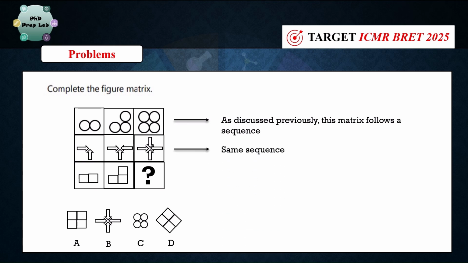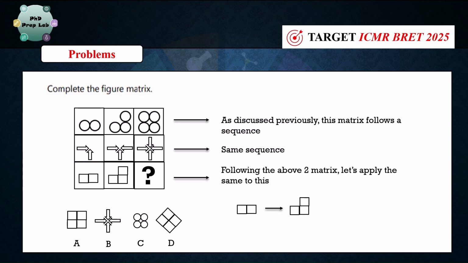Similarly, the second row follows the same sequence, and the third row, the question mark row, which has squares, also increases by 1. So the option will have 4 squares, but the rotation is not changing. So we'll select option A because it has no change in rotation.